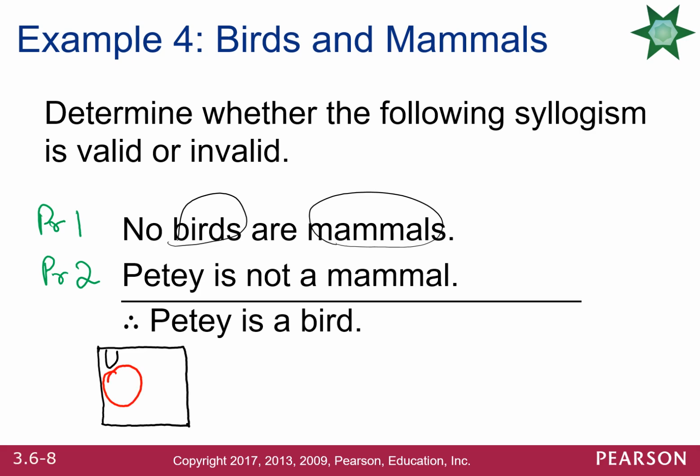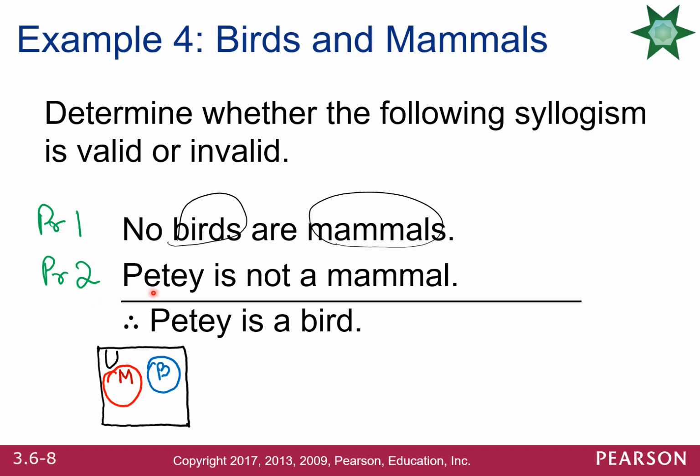Another circle will be for birds, but it says no birds are mammals, so birds will not be contained within the circle of mammals. They are disjoint sets because in premise 1 it says no birds are mammals.